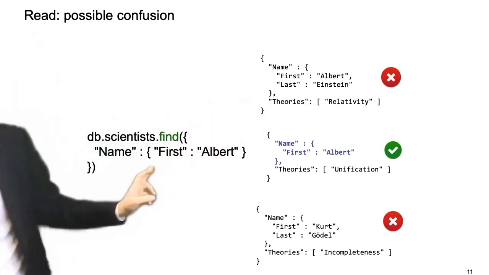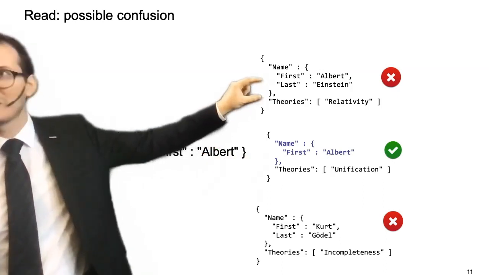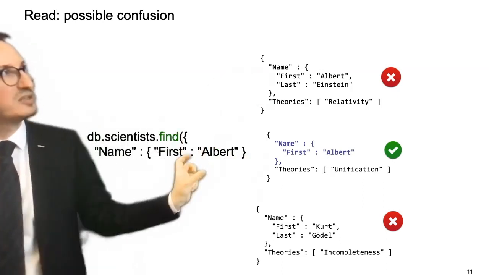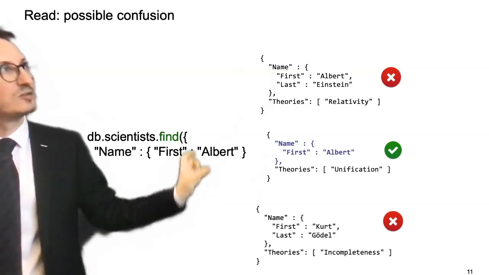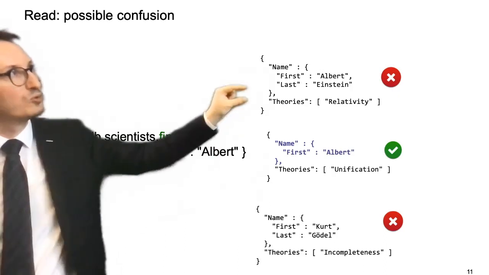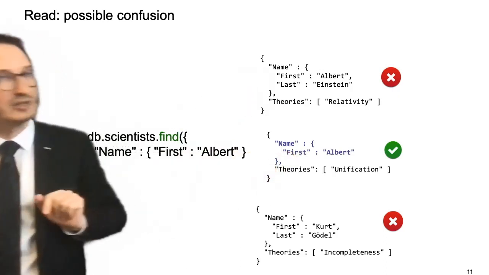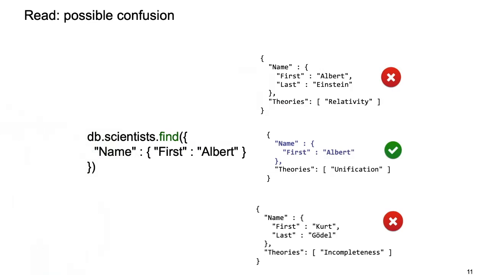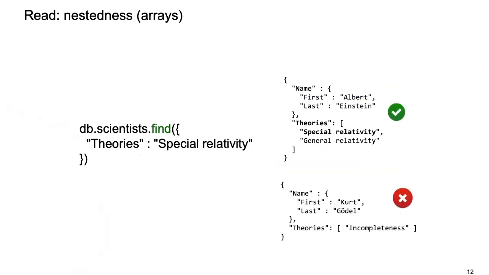Because in fact, it's a full comparison of the entire object, which is not the same as that entire object, because here there are two keys, here there is one key. That's also called a deep equal comparison, right? So these two objects are not deep equal. This here is deep equal. First Albert, it's exactly the same thing. So beware, if you don't use the dot, but you use this nested object, it's an exact match, deep equal. But if you use the dots, then there can be other keys in there, okay?